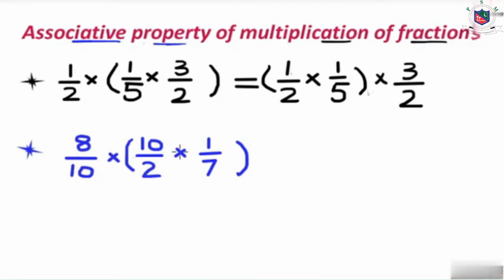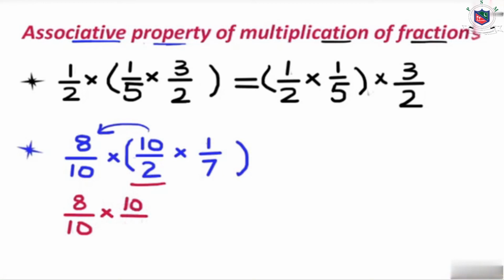In the same way, here you have 8 upon 10 multiplied by 10 upon 2 multiplied by 1 upon 7, and both these fractions are placed in a group. So, dear students, as you can see that if we regrouped 8 upon 10 and 10 upon 2, it will be easy for us to multiply because we can easily cross cancel both these fractions.